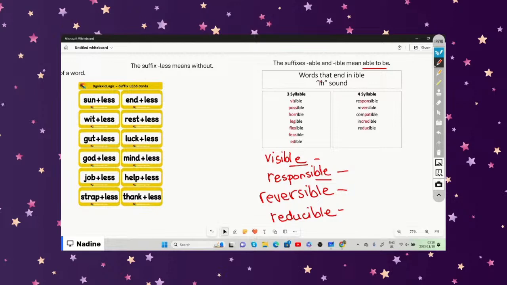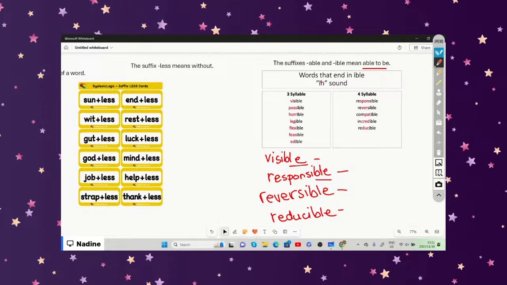And once again, the suffix full, remember we said knowing the meaning of the suffix will be able to help you to determine the meaning of your word. So the meaning of the suffix full, it means having, showing, or causing.